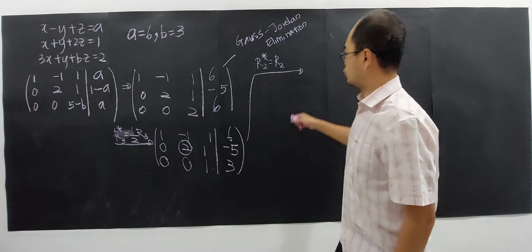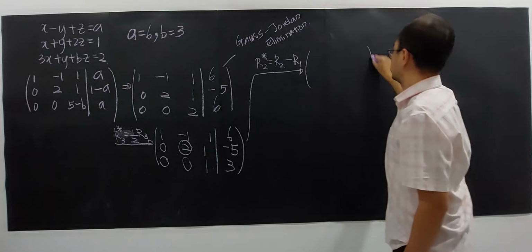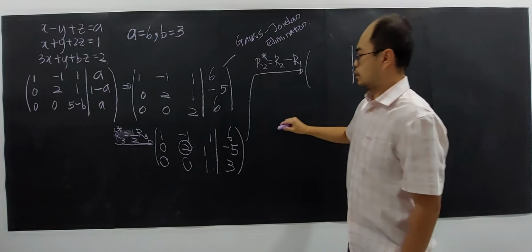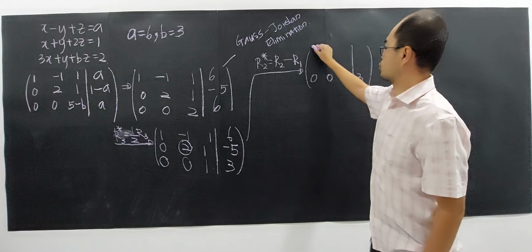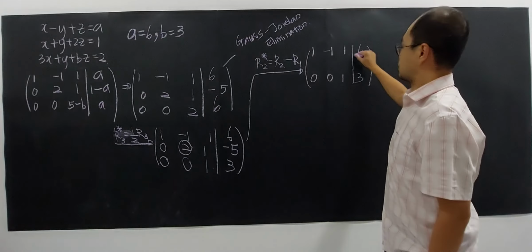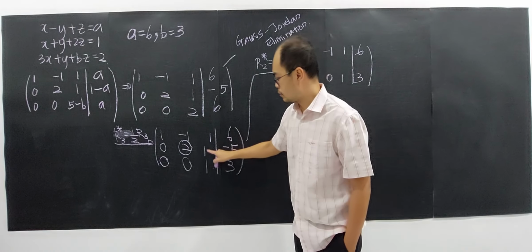So I minus row 1. Now this one remains unchanged, 0, 0, 1, 3, and the first row is also unchanged, 6. This is the row change, row 2 minus row 1, because the purpose is to make this become 0.